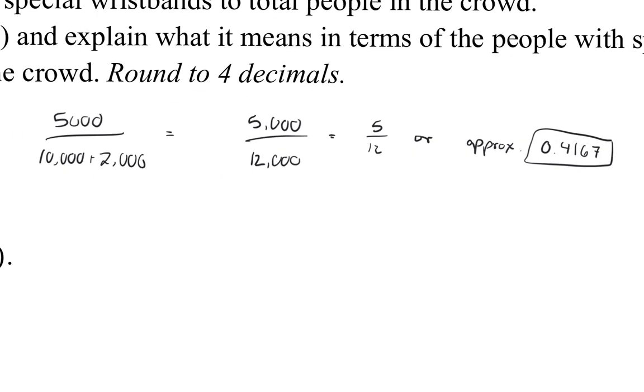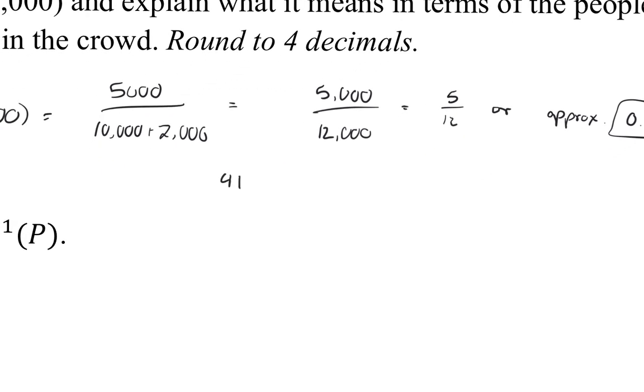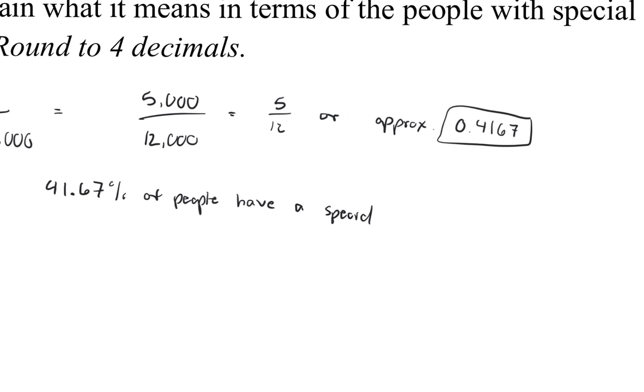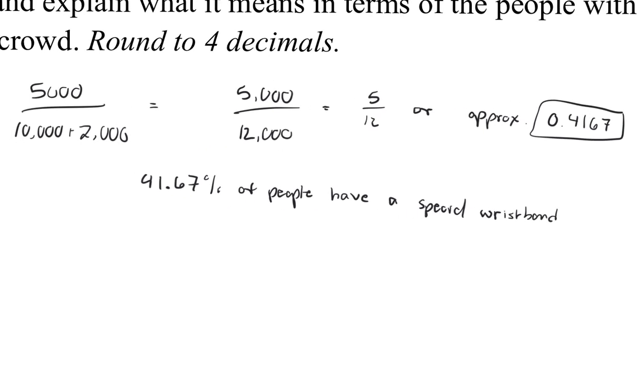That means 41.67% of people have a special wristband. That is what that means.